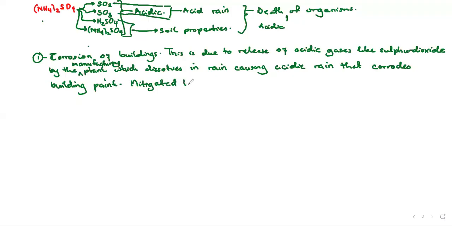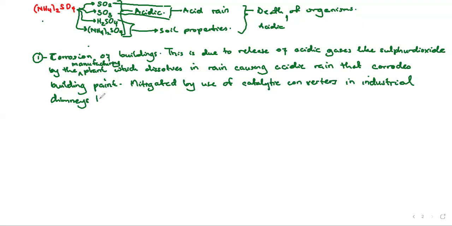Mitigated by use of catalytic converters in industrial chimneys, to oxidize the sulfur dioxide into less toxic fumes.